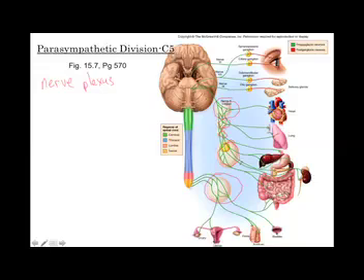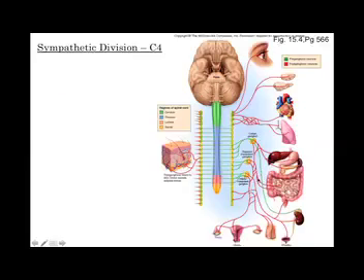And that means that fibers from those different spinal nerves kind of cross over and intermingle, and so you may have fibers from all three of these spinal nerves going into the reproductive organs instead of from just one. Same thing over here. We do have some nerve plexuses here as well in the sympathetic.